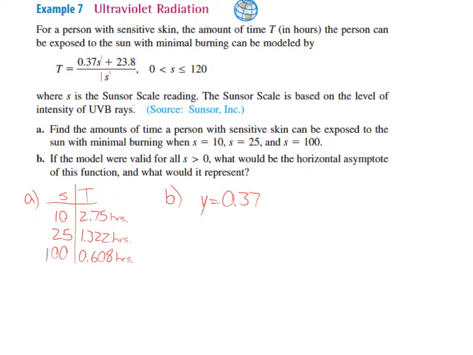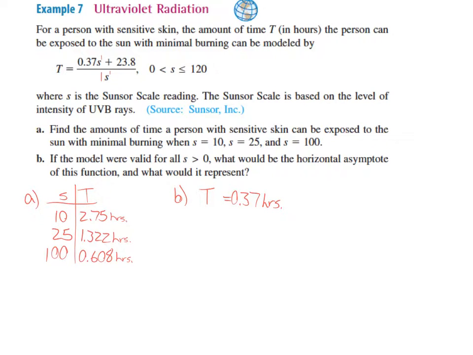It's like approaching this line. The hours will get closer and closer to 0.37, but we'll never touch it. Okay, good. So actually for our y, instead of y, we should be saying time, T. Time equals 0.37, and that's hours.